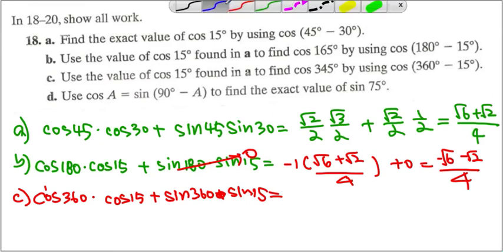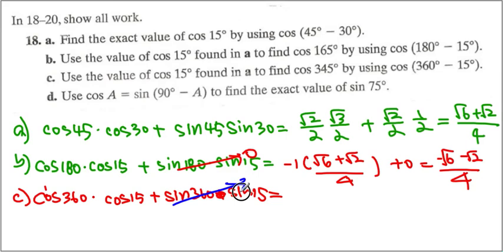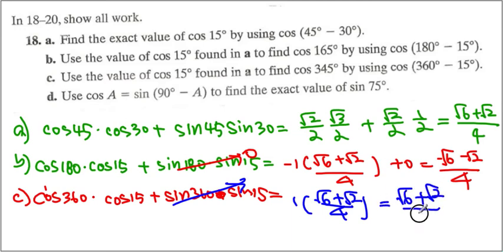Here then we get to realize sine of 360 is equal to 0. So here we have cosine of 360 is equal to 1. Therefore this becomes 1 times radical 6 plus radical 2 over 4, which is equal to simply radical 6 plus radical 2 over 4. That becomes our answer.